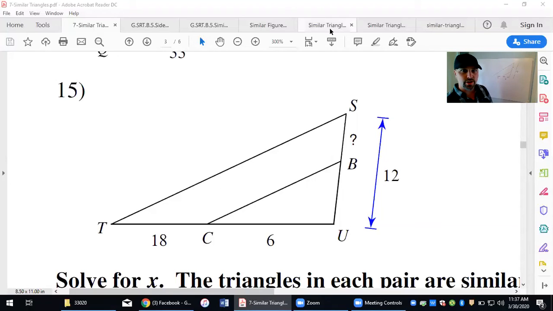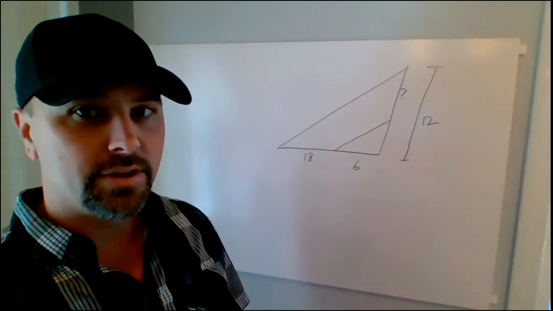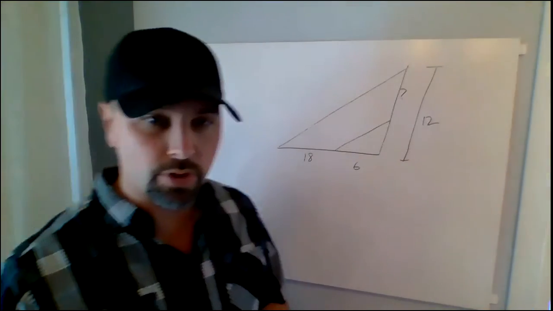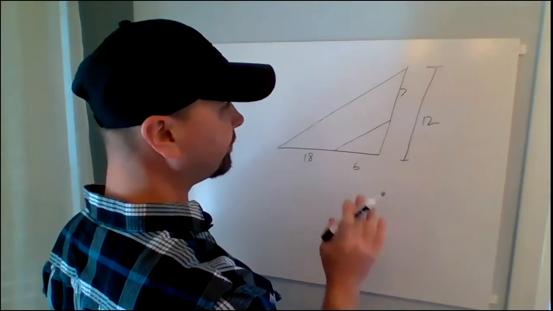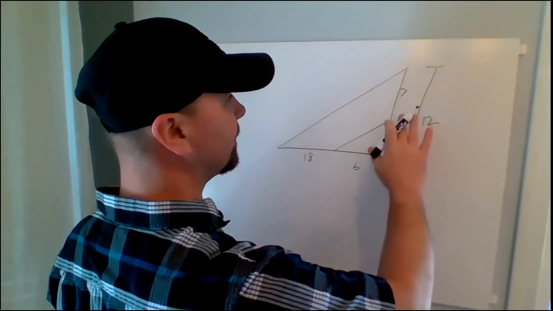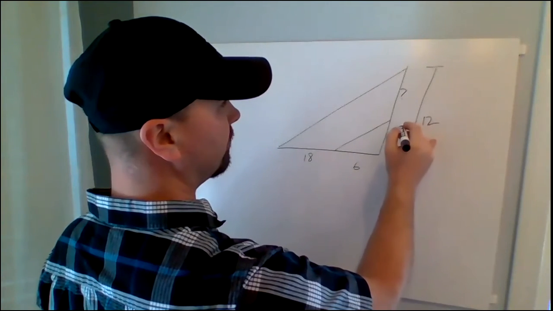So they'd already told us in the directions that these triangles were similar. So we do know they're similar. And there is a little bit of a trick to this. Okay, we're trying to find this section.